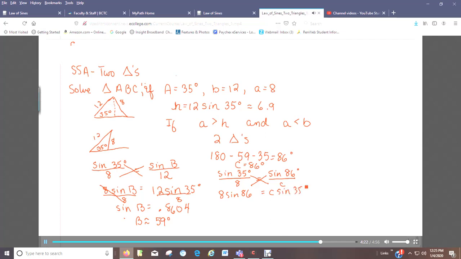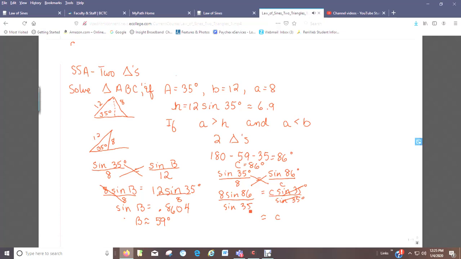Divide sine of 35 out. And we get C is whatever this is when we stick this into our calculator. And that is 13.9, or 14 if I round off.